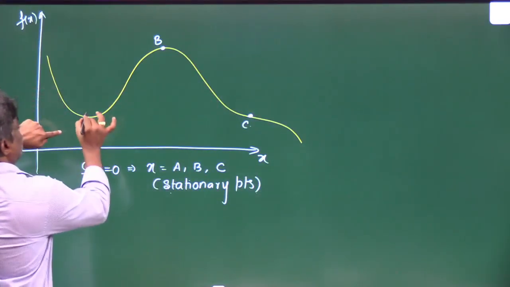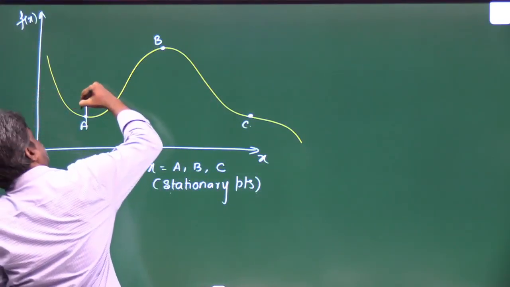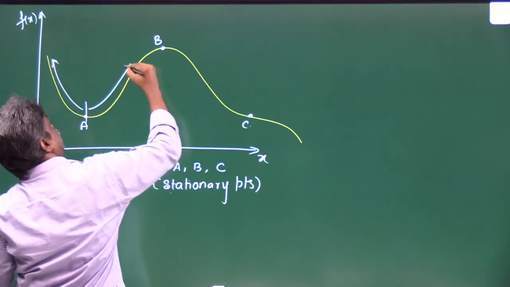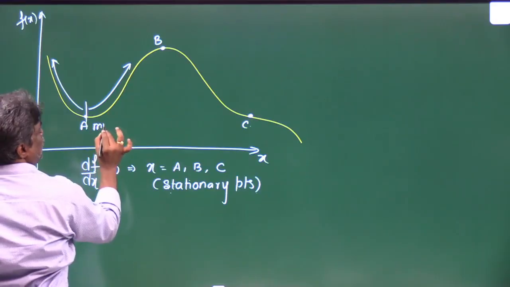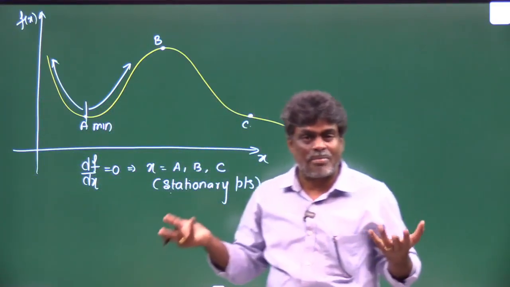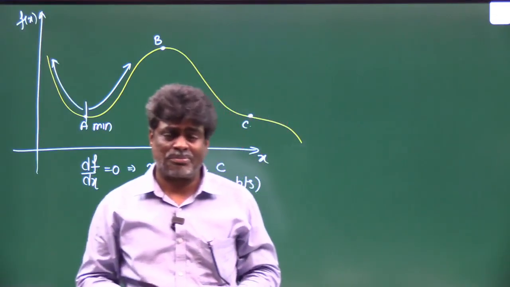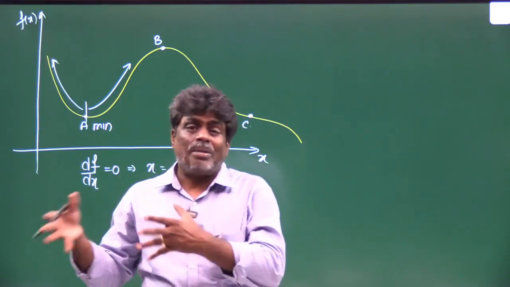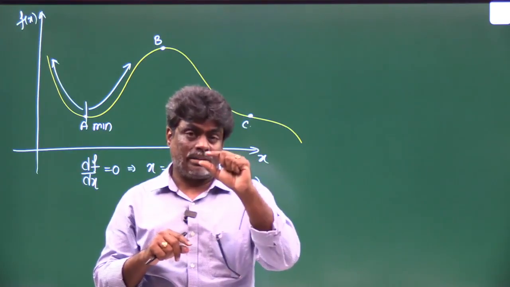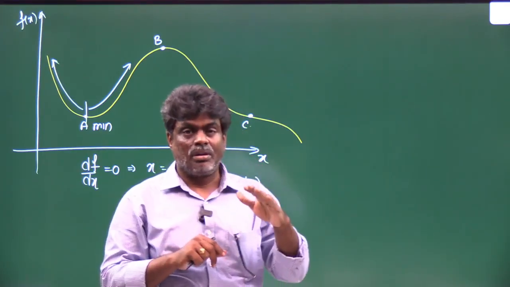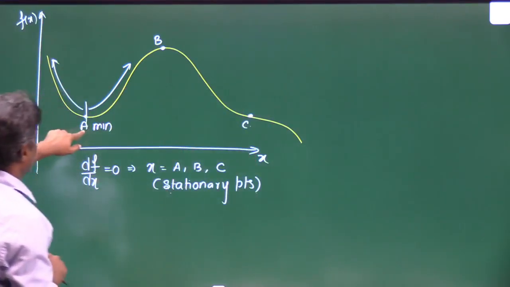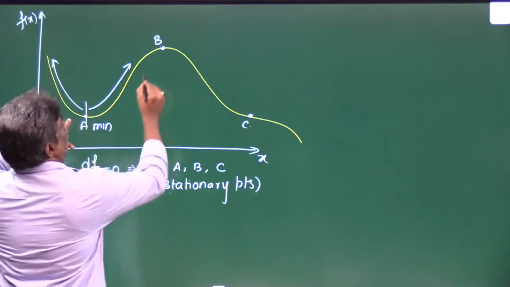Now if you see with respect to a, on this side the function value is increasing, and on this side also the function value is increasing, that's why it is called a minimum. There can be many minima for a given function. Those are called local minima. And the overall smallest value at a particular point is called the principal minimum. But let us suppose I have taken only one minimum here.